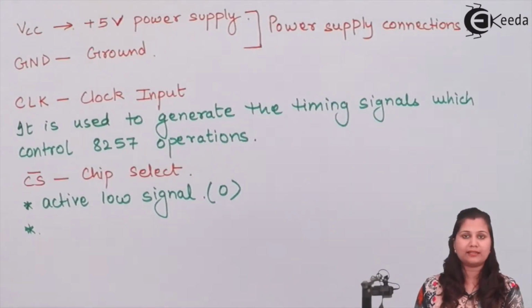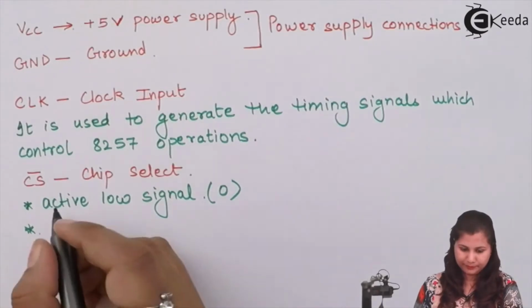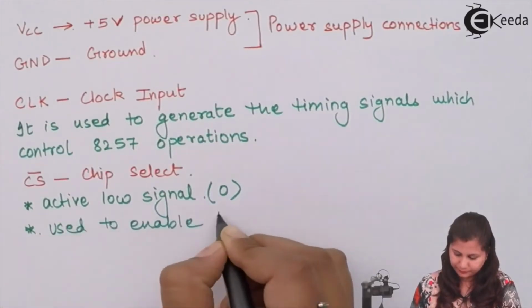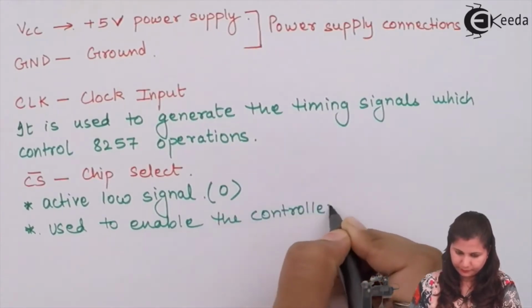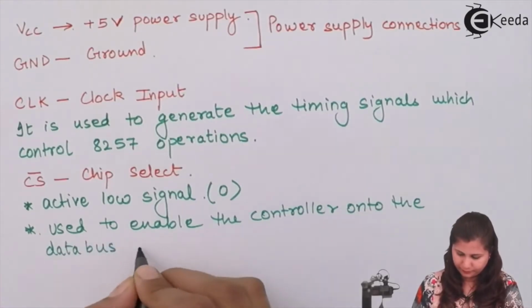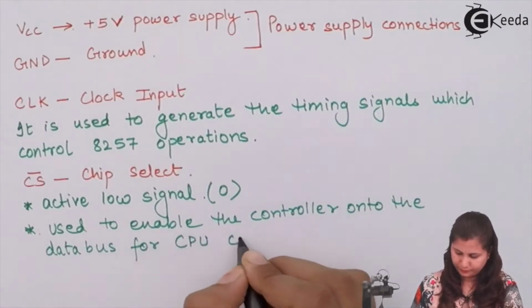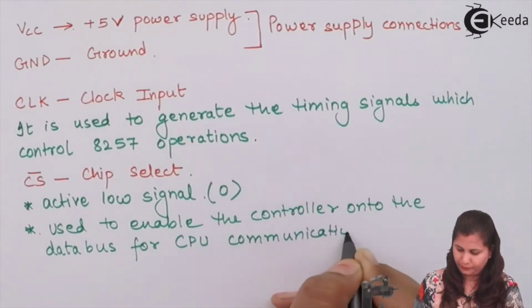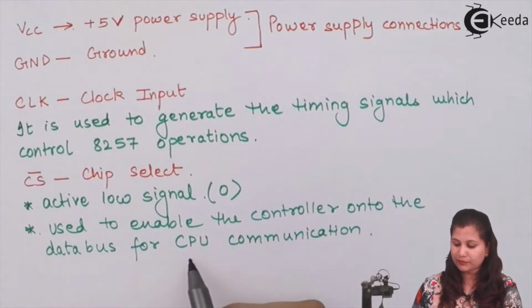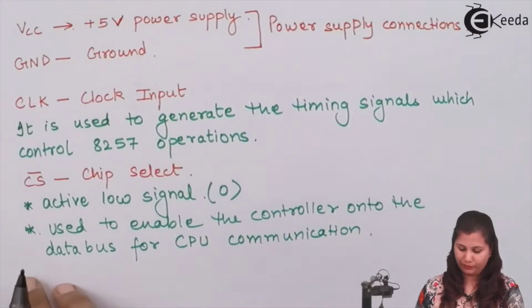So this chip select signal is basically used to select the chip of the 8257 DMA controller, and to enable the controller onto the data bus for CPU communication.